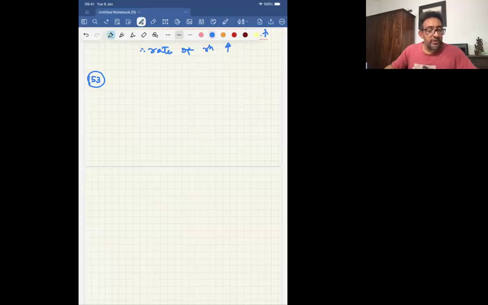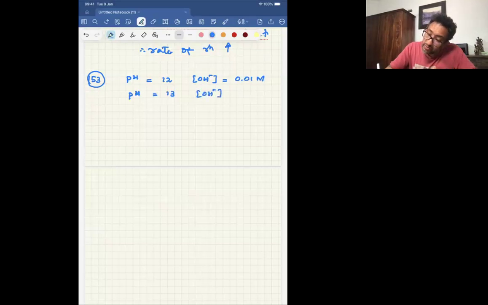The pH of the solutions are given in the table. pH 12 means, what is the hydroxyl concentration? pOH is 2, so 10 to the power -2, 0.01 molar. pH 13 means hydroxyl concentration is equal to 0.1 moles per cubic decimeter. Right? Determine the orders with respect to ClO2 and OH minus.